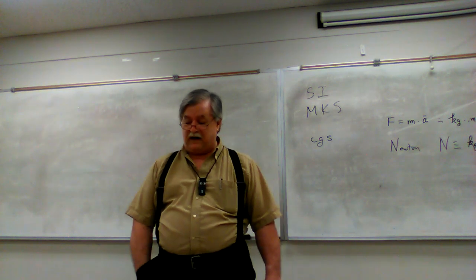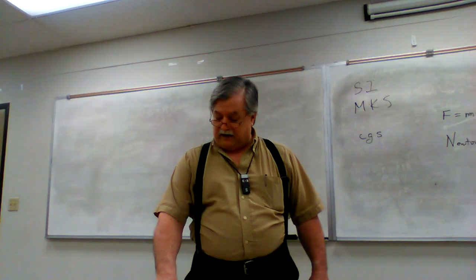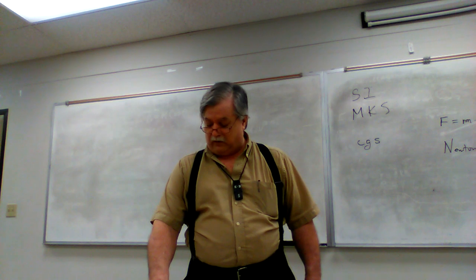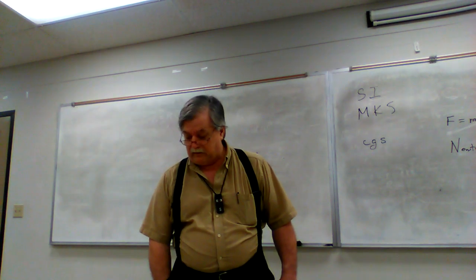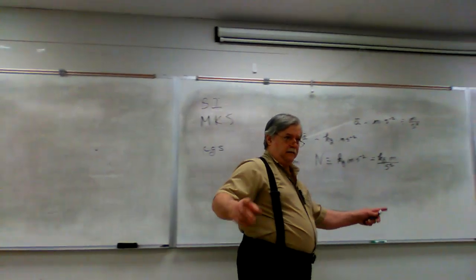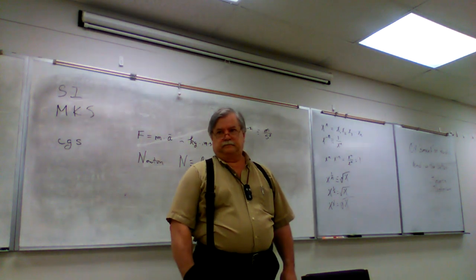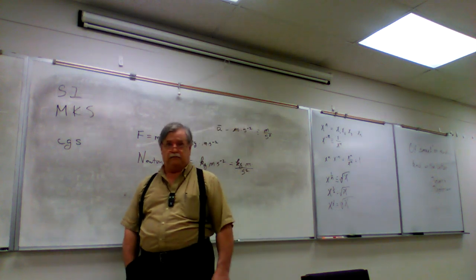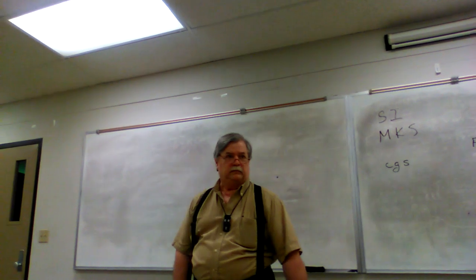And so they defined a meter as the distance light travels in 1/299,792,458th of a second. Point is, now anyone that can measure the speed of light with precision can also reproduce a meter with precision.